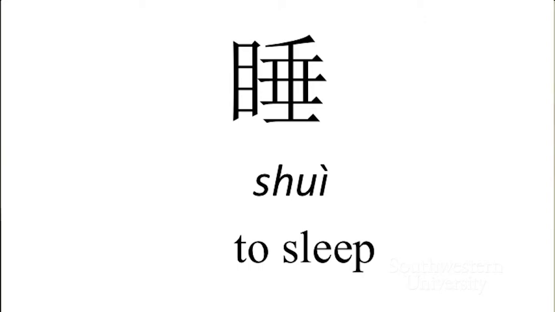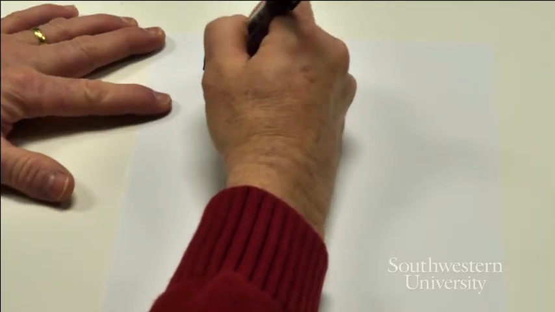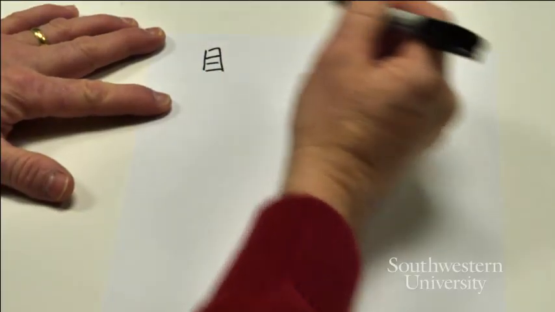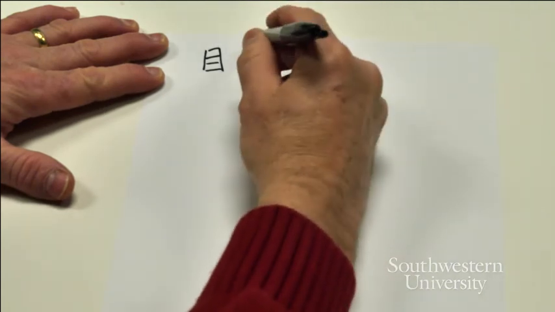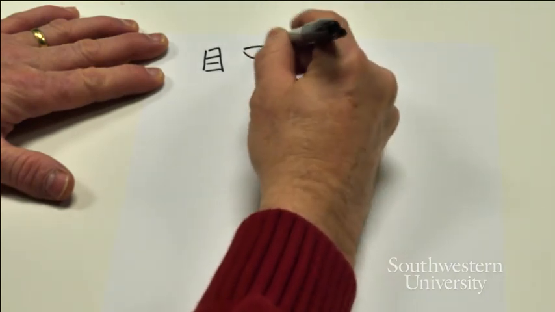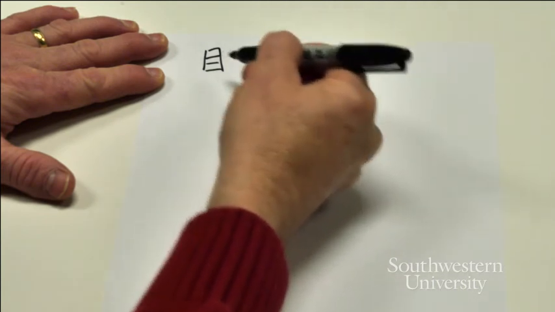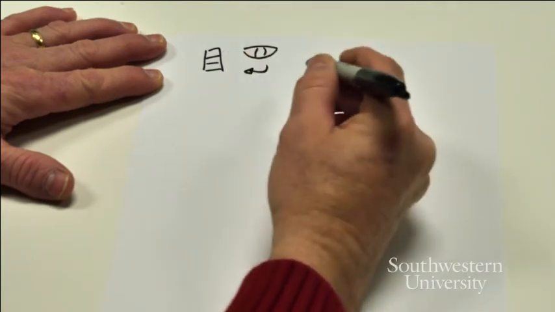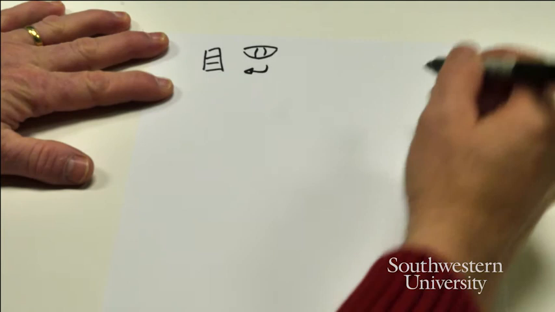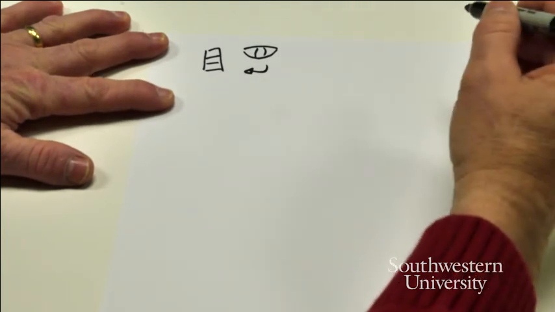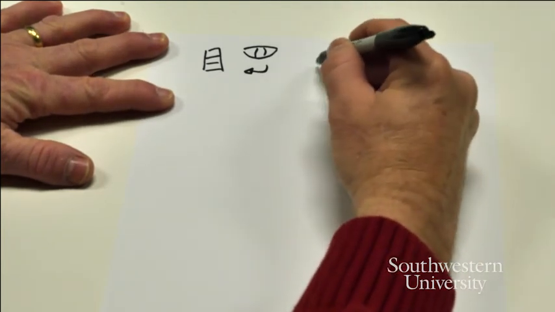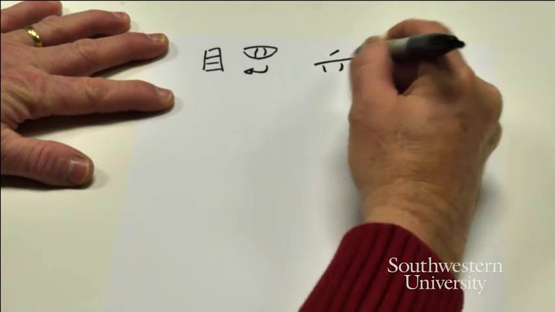The next character, shui. It looks complex, but it is not so involved as it seems. The radical is the character mu, which means an eye. So if it were horizontal, it would look like this. You can see as it's turned vertically, that's an eye, pronounced mu. The right-hand side is written like this, and I'll write it again here in a minute.